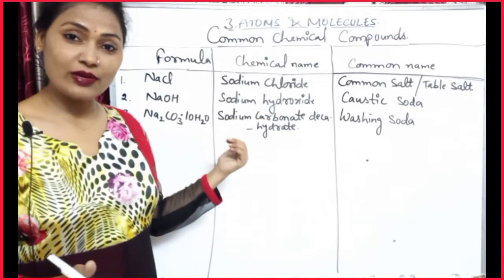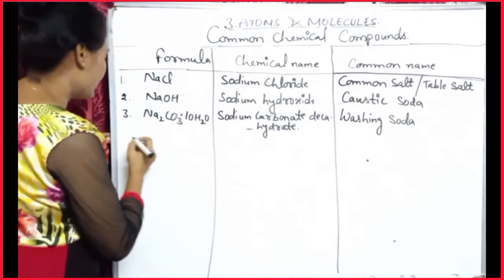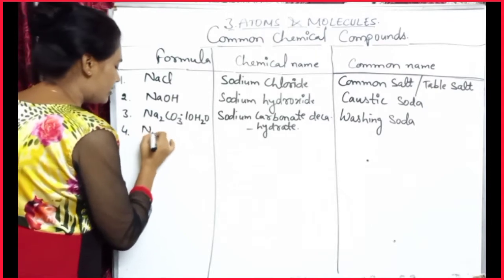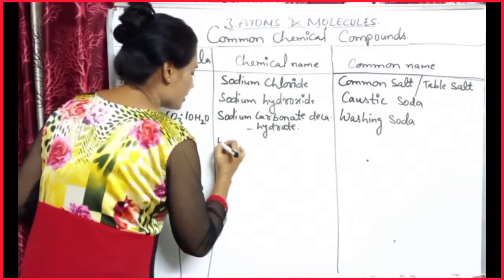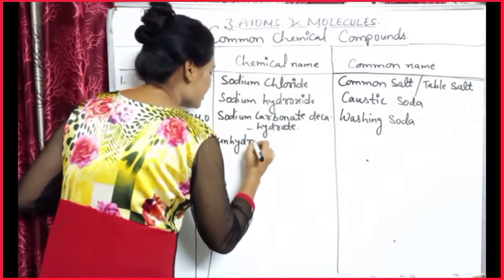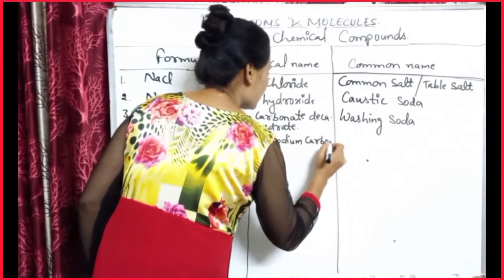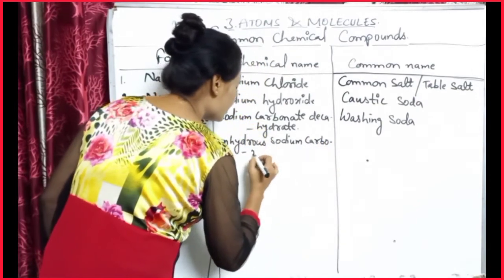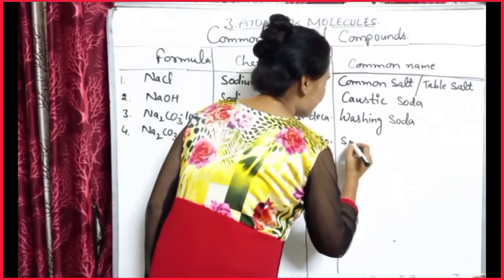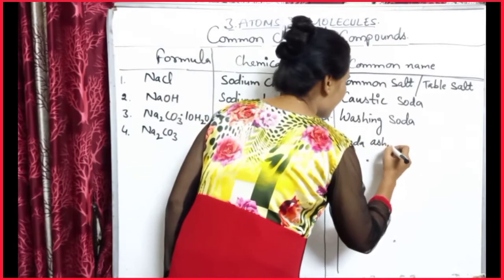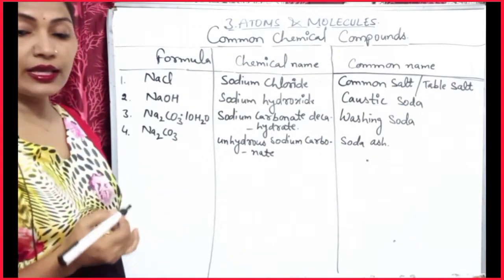So the hydrous one is sodium carbonate decahydrate, and if we take the anhydrous one, it is Na2CO3, anhydrous sodium carbonate, which is commonly known as soda ash.